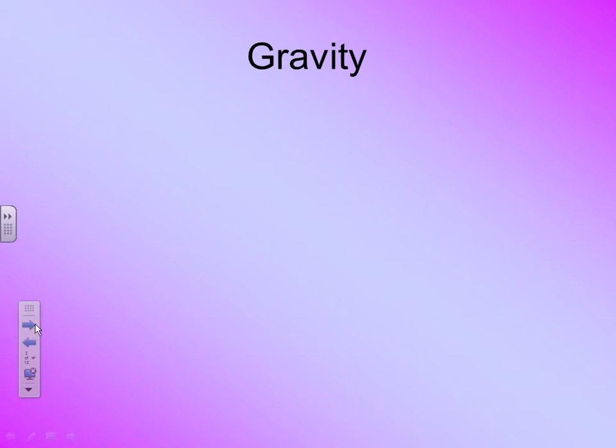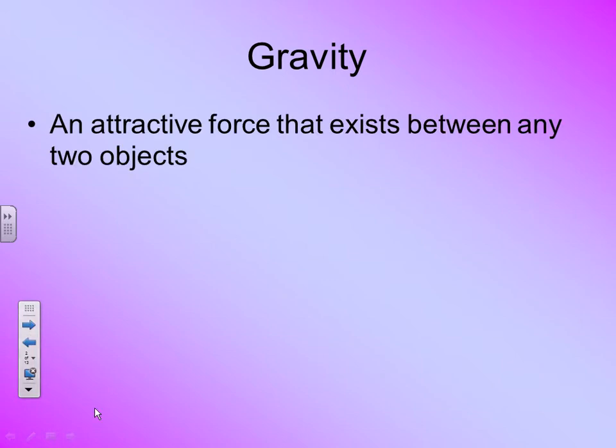Okay. All right. So let's go here, right? So gravity, attractive force that exists between any two objects. We probably should put any two objects that have mass, although you can't really have an object if you don't have mass. So kind of a chicken or egg sort of thing. And then, so first, attractive force, right? It pulls things together.